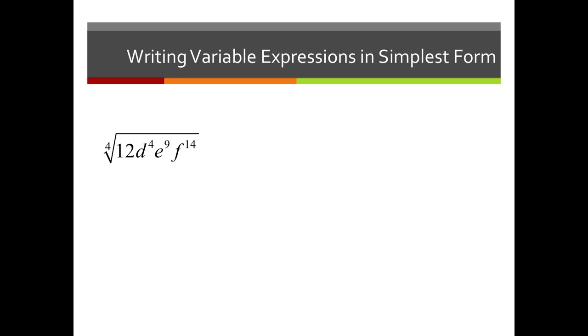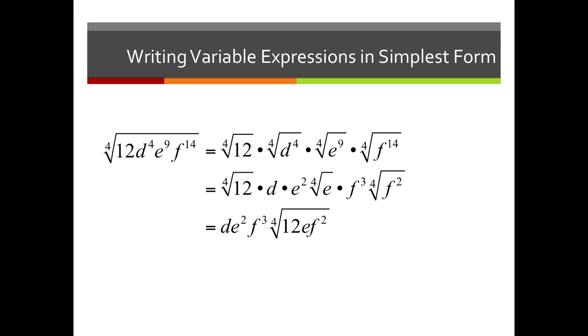What if I want the 4th root of 12d to the 4th, e to the 9th, f to the 14th? Again, probably the easiest way to do this is to divide it up into the separate pieces. So I'm going to take a look at the 4th root of 12, the 4th root of d to the 4th, the 4th root of e to the 9th, and the 4th root of f to the 14th.